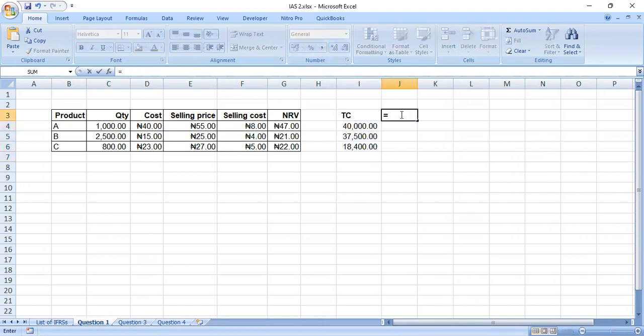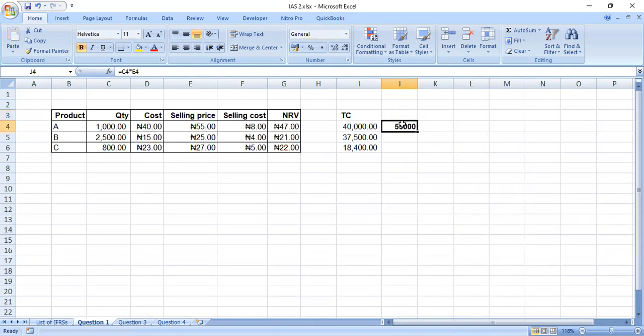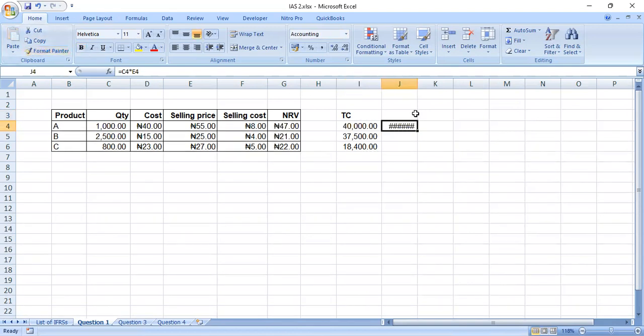And then here you want to multiply the quantity by the selling price. Sorry, that shouldn't be there. So you want to multiply the quantity by the selling price.